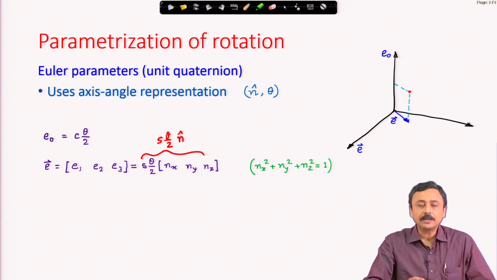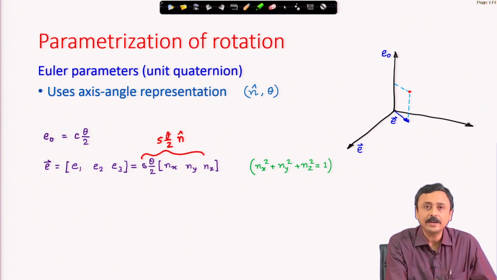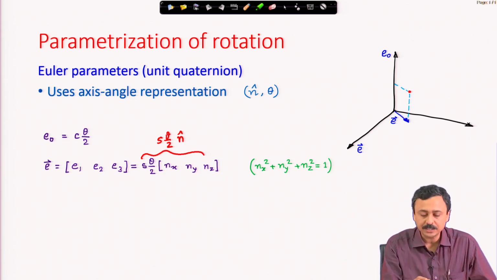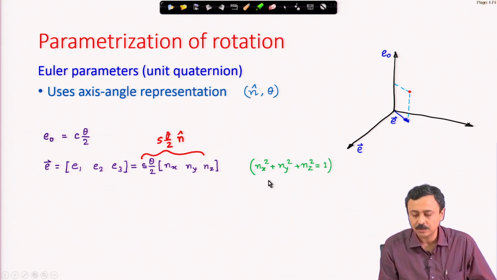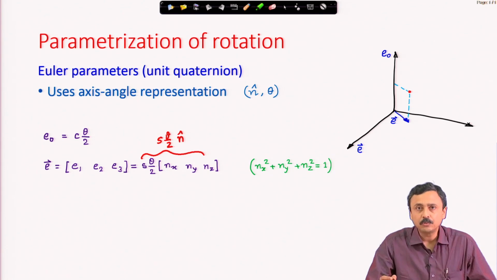Now, there are this E0 and E vector. So, 4 parameters. Of course, there is a constraint as I have written here, nx square plus ny square plus nz square is 1. So, it has 3 degrees of freedom. Nevertheless, we have 4 parameters, and to visualize this I cannot draw a 4 dimensional space.